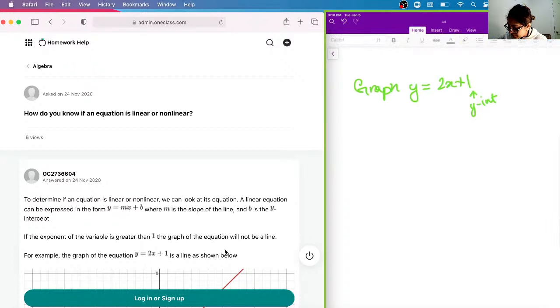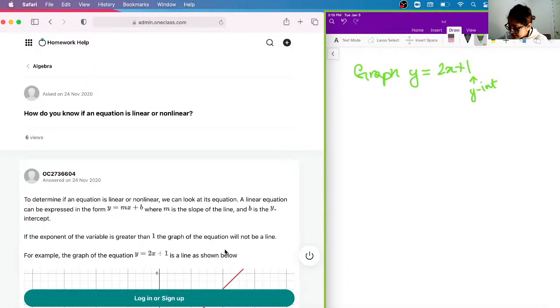And so if we want to draw this, just arbitrarily, if you have a graph here, it would look something like this.